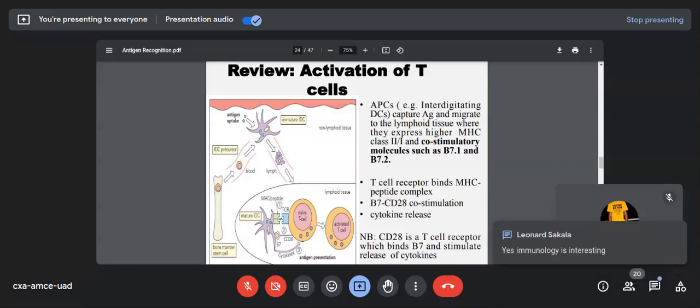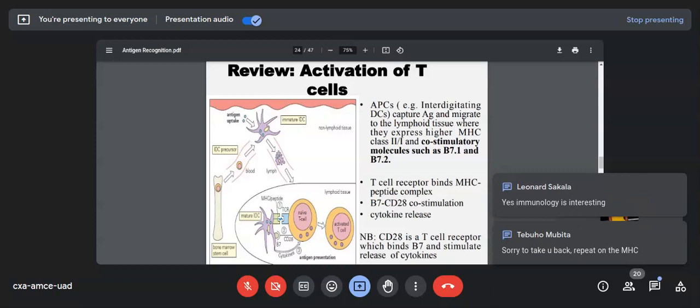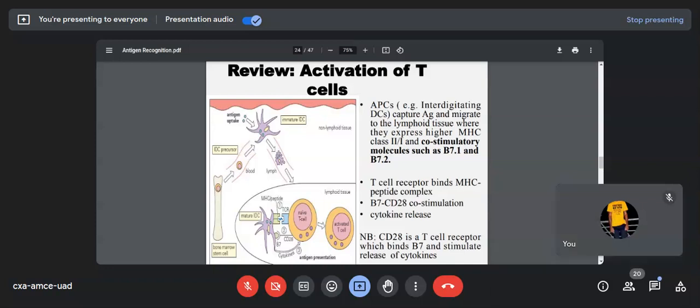So that basically summarizes everything about adaptive immunity. I want you to be connecting. On MHC, we have two types: class 1 and class 2. Class 1 is found on all body cells. Class 2 is only found on antigen presenting cells. But take note that antigen presenting cells also contain class 1.